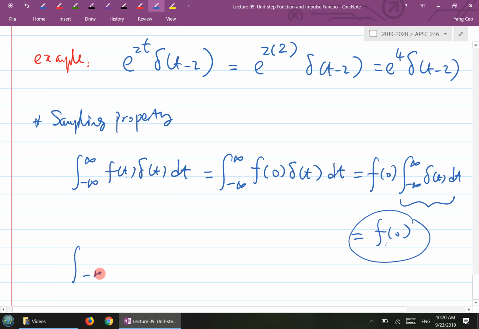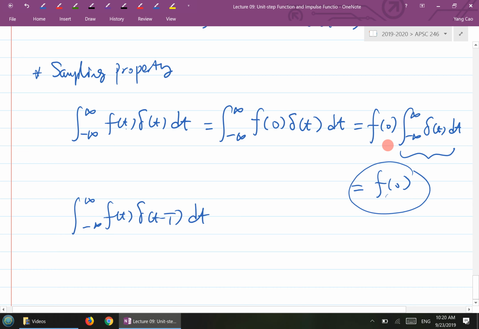If I multiply f of t with a shifted impulse function and then do the integral, I should get f of capital T. So you're sampling out the value at t equal to capital T. This is why it is called the sampling property. So we'll continue from here next lecture. Any questions? Okay.